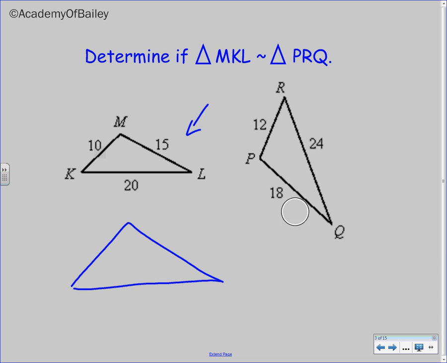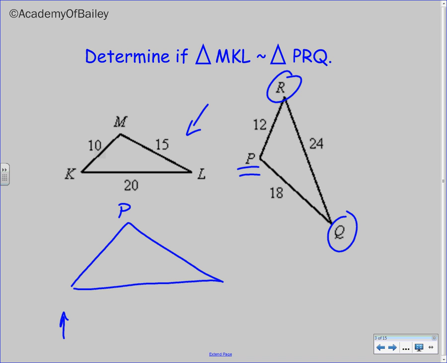So if we're going to rotate that one, the long base is going to be R and Q. And then this one right here is going to be P.